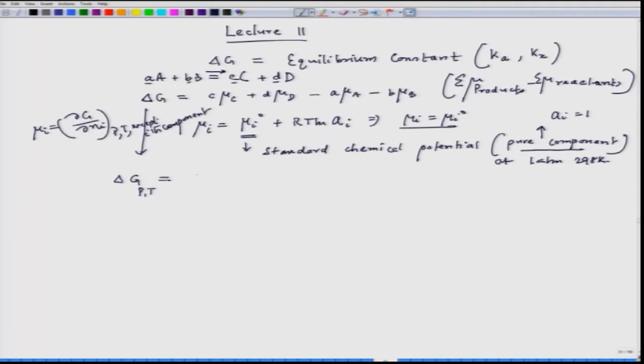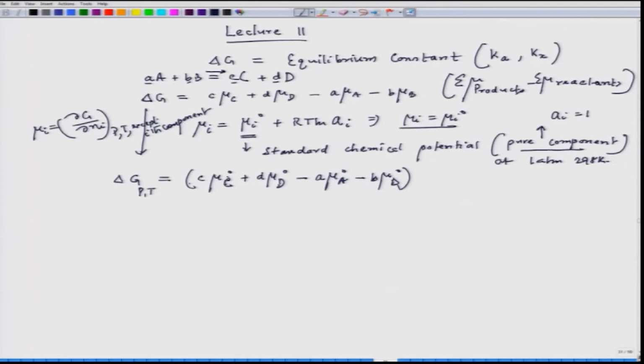Now, this becomes C chemical potential of C 0 plus D chemical potential of D 0 minus A chemical potential of A minus B chemical potential of B with their standard values. This is the one part.